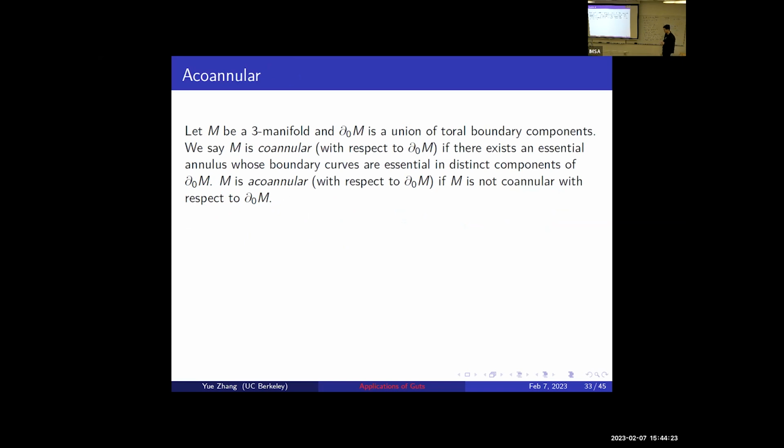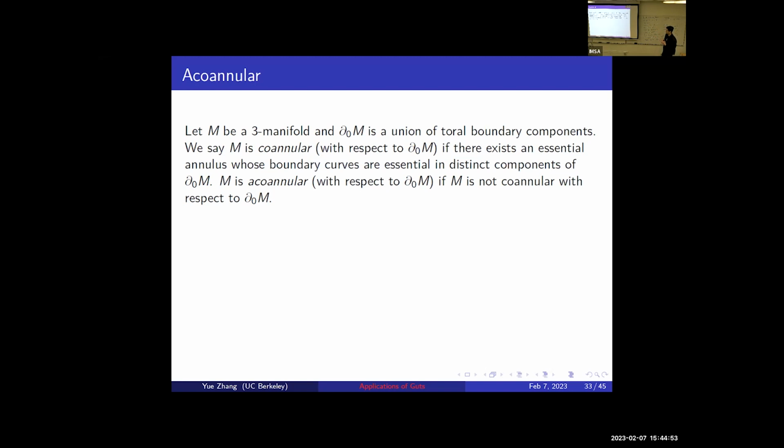So here comes a very important definition in fillings, at least for sufficiently long fillings. Let's say M is a 3-manifold, and the boundary part, partial_0 M, is a union of torus boundary components. M can have some other components, but we only consider the torus boundary components.